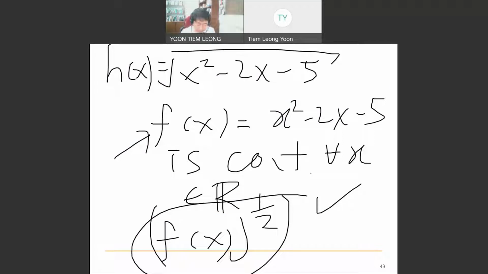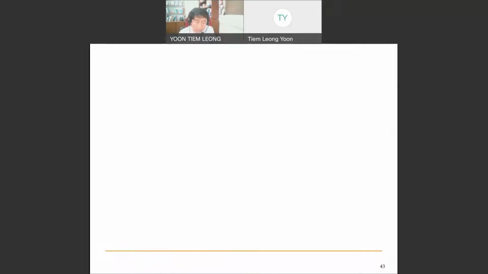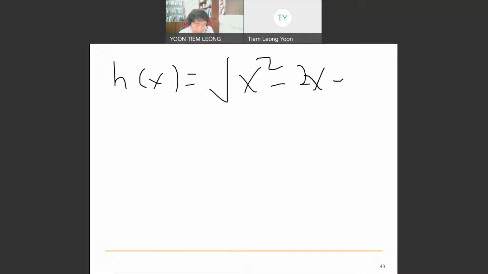Okay. So this is an application of Theorem 9 to prove the continuity of that function. Now you can also prove the continuity of the function as the square root of x squared minus 2x minus 5 using Theorem 10. Theorem 10 is slightly different.